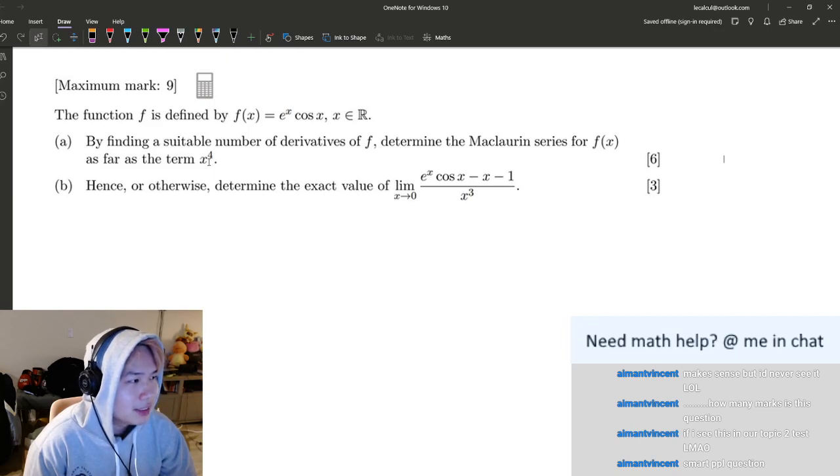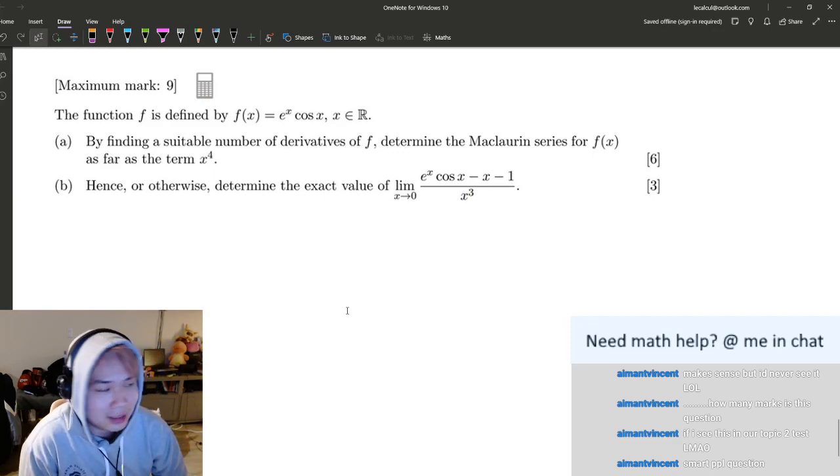Why would they make you do this? I don't know what they're trying to make you do, because in your formula book, they give you the Maclaurin series for both cosine and e to the x, so you don't need to find any derivatives. And I'm going to do it that way. Screw these guys.